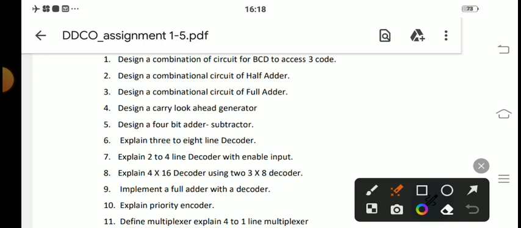Fine, but the 8 experiments that are there in your syllabus, those experiments or those questions can be asked in your semester end examination. Please keep in mind that it is not 'can be asked', it will be asked for definitely.